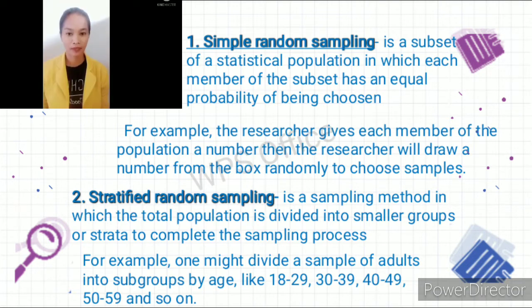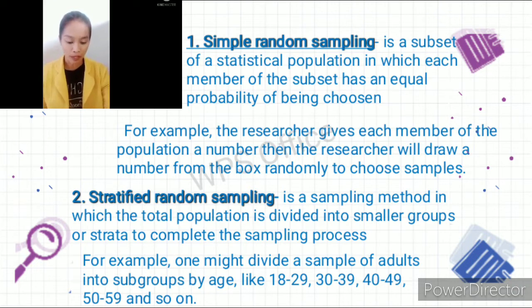So second is stratified random sampling. It is a sampling method in which the total population is divided into smaller groups or strata to complete the sampling process. A stratified sample is one that ensures the subgroups of a given population are adequately represented within the whole of the research study.